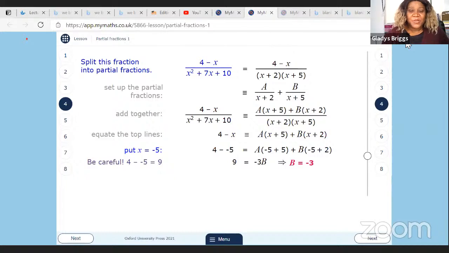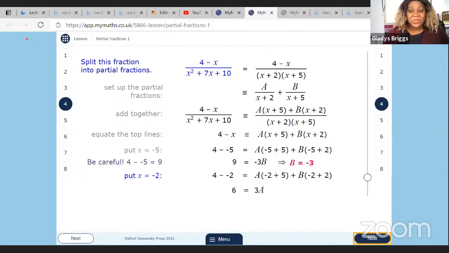Well, somebody was close. Okay, so b equals -3, and then you put x is equal to -2. You would have a equals 2. Let me see who got that.